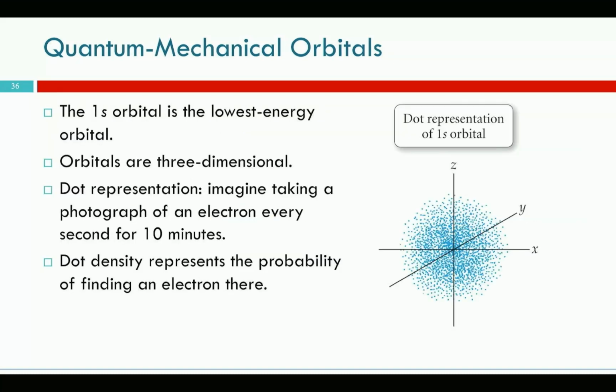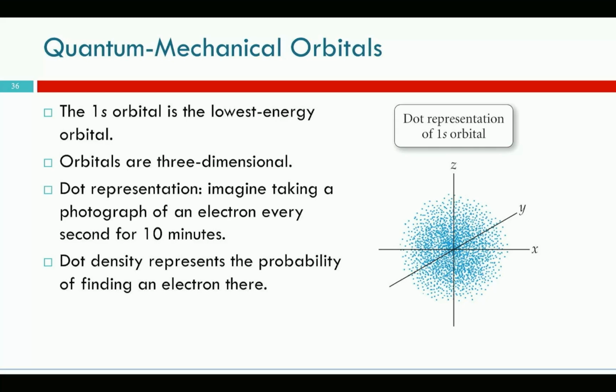All right, so how does this apply at all to atoms? So 1s is the orbital that's the lowest in energy, and it's shaped like a sphere. So this is what I was talking about, a probability density map. You can imagine this as if you took a picture every second for like 10,000 seconds, and each dot is where the electron was in each of those pictures. And so it can jump all over the place. It can be in any of these spots.